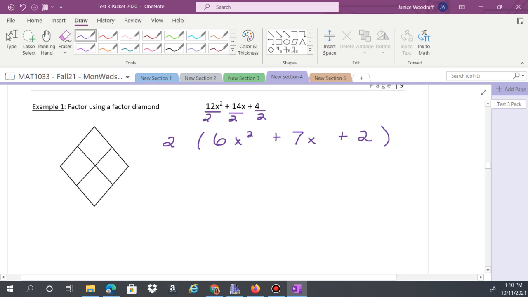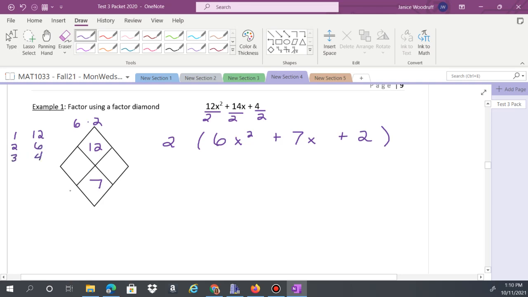I have a times c here, which would be 6 times 2, first term times last term, so that's going to be 12. And then my middle term is 7. We want factors of 12 that add to 7. So I have 1 and 12, 2 and 6, 3 and 4.